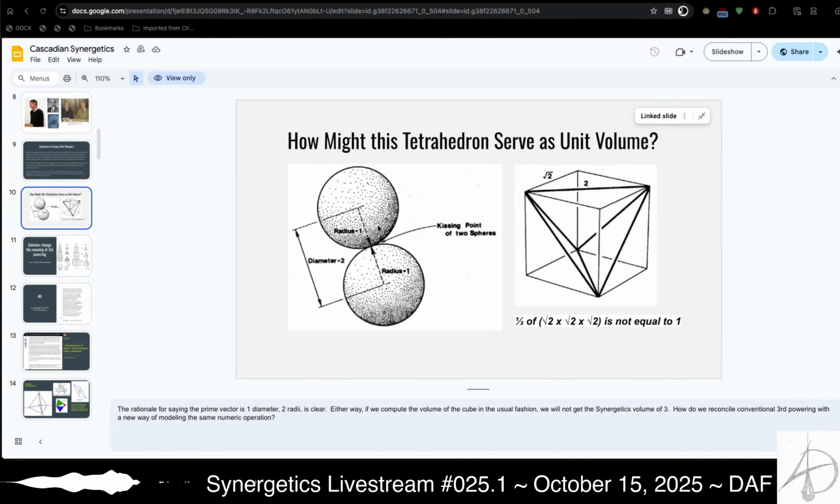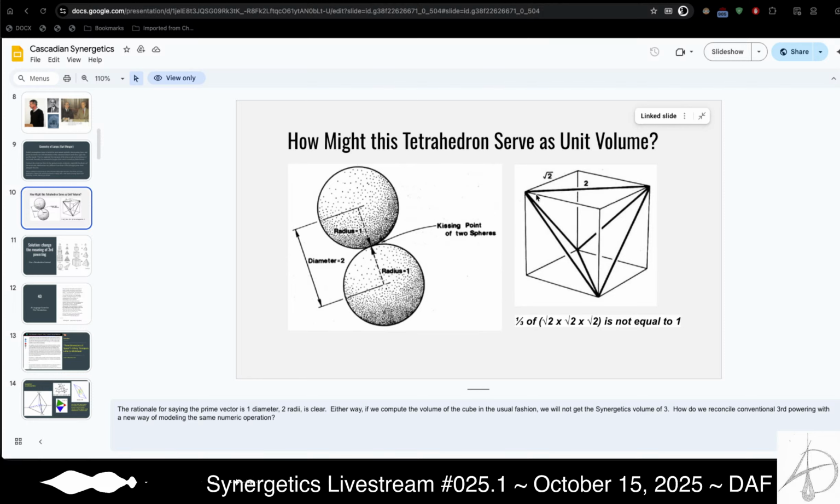Another way to look at this is in terms of these kissing spheres, close-packed spheres. And in that situation, you can think about spheres, marbles, cannonballs, what have you, oranges, with a radius of 1, arbitrary unit of 1, and therefore the kissing distance between the close-packed centers, or across any given sphere, is 2.